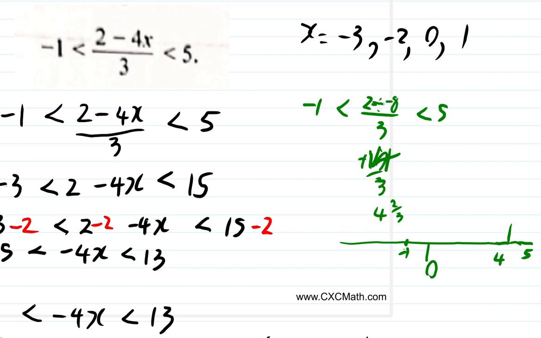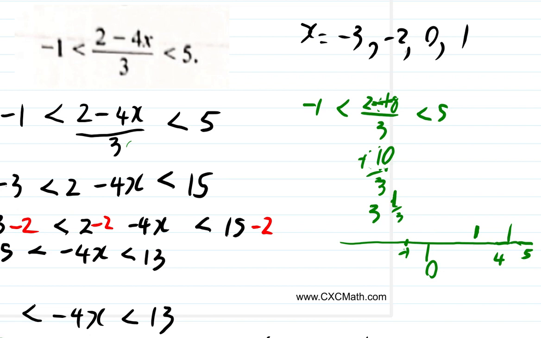Minus negative 8 is the same as 2 plus 8 is 10. 10 over 3 would be positive 3 and 1/3. So 3 and 1/3 would be somewhere here. So it's still between negative 1 and 5.